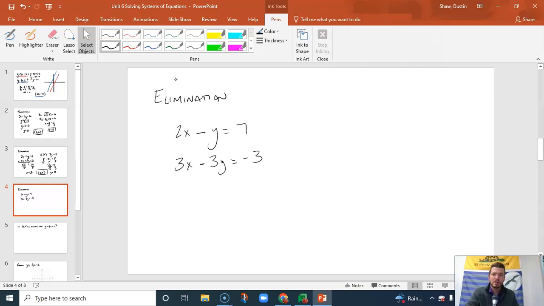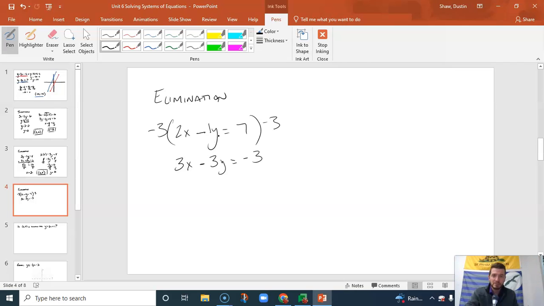For number 4, the next elimination question is going to be a little bit harder. Again, you need one of the variables to cancel, and in this case, you see I have 2x and 3x. That's not going to easily cancel. I'm going to have to multiply both equations in that case. In this case, though, I have a negative 1y and a negative 3y. So what I can do is multiply this whole equation here by negative 3 on both sides.